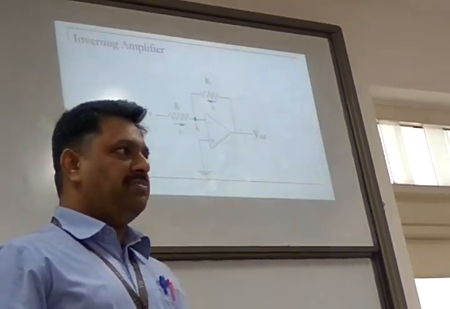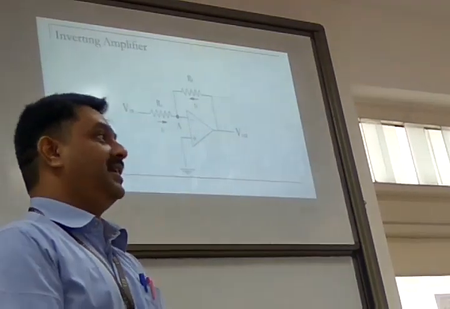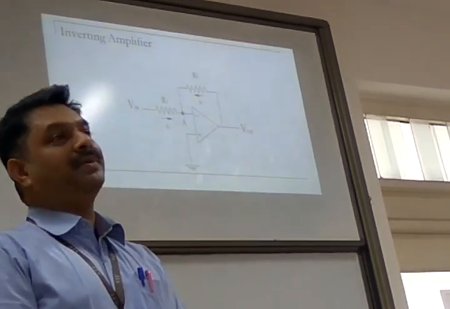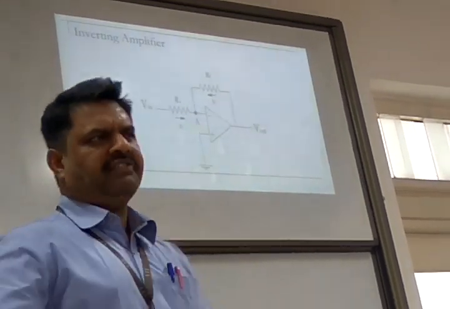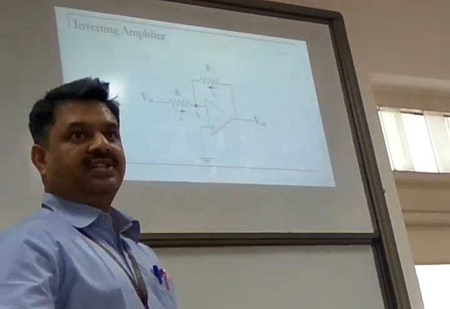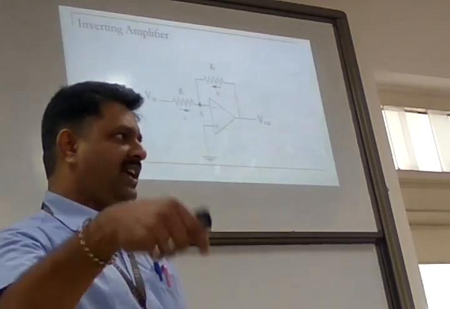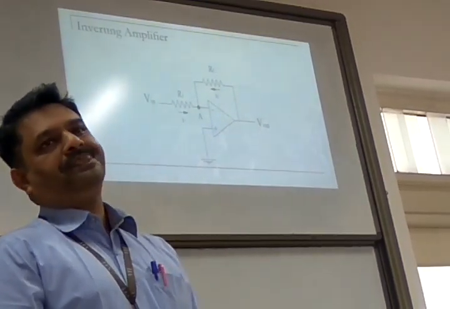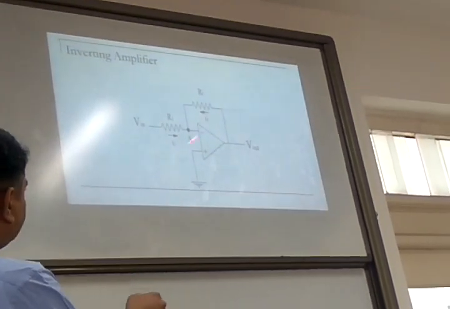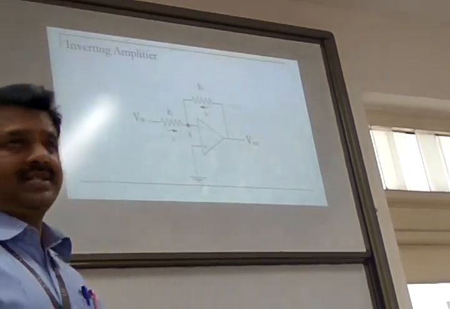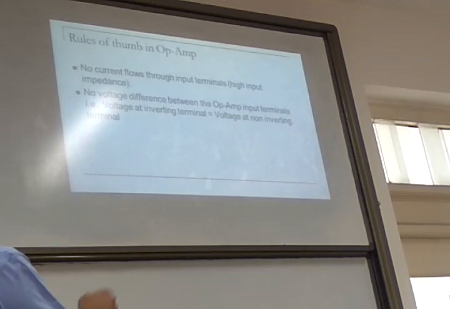Operational amplifiers have very high input impedance. That means what? If I put a lot of impedance, resistance, to the flowing of current, will any current flow inside? No. So no current flows through the input terminals, both input terminals. That's the first rule.